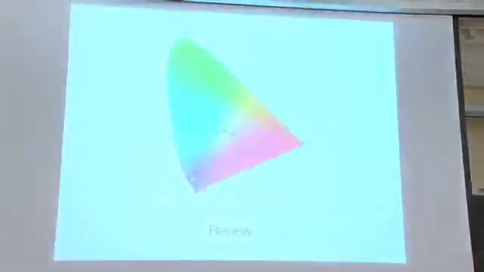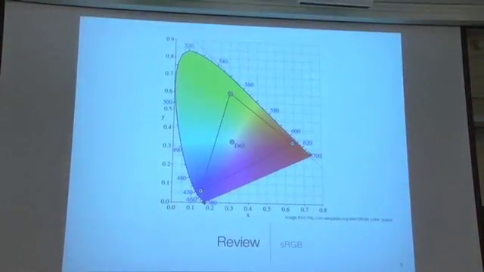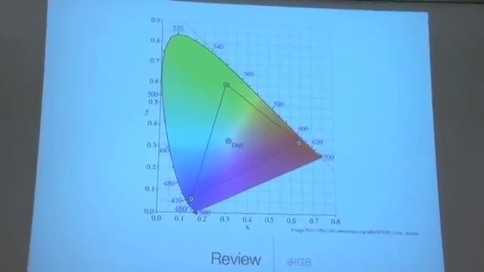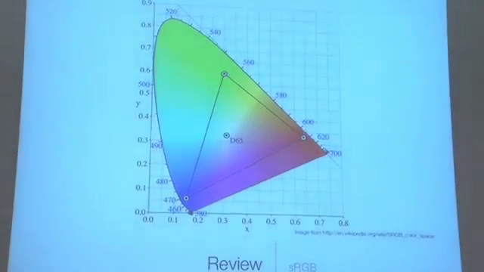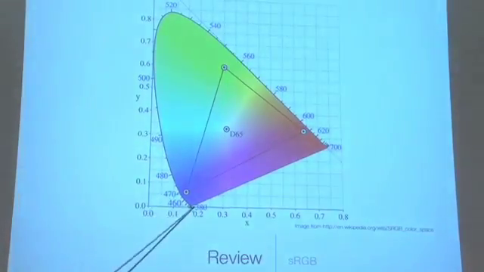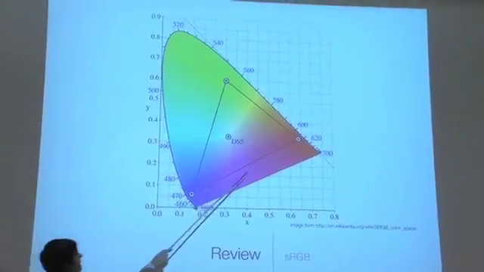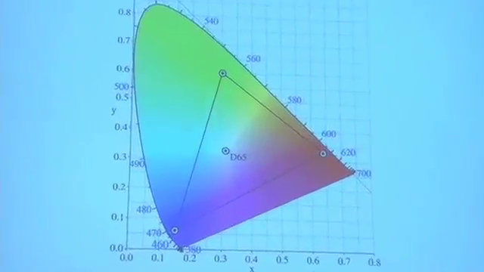And we showed you this particular graph that represents basically the entire range of color that the human eye can see. So everything from the ultraviolet or near ultraviolet range all the way up to the near infrared.